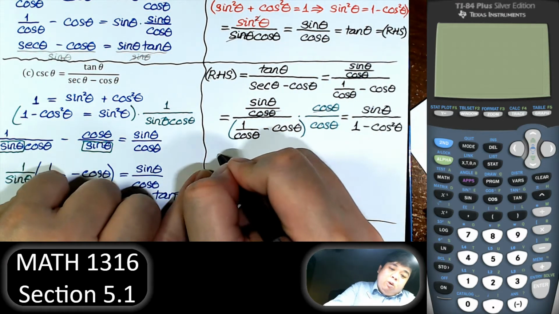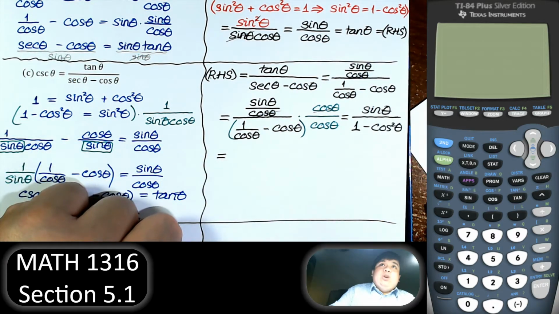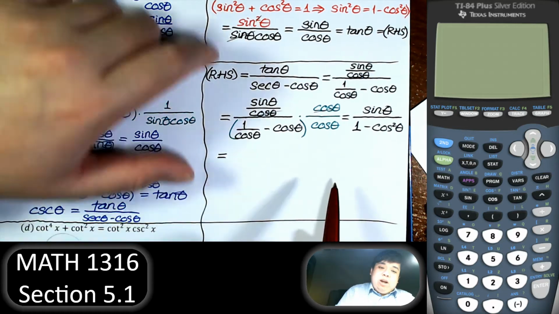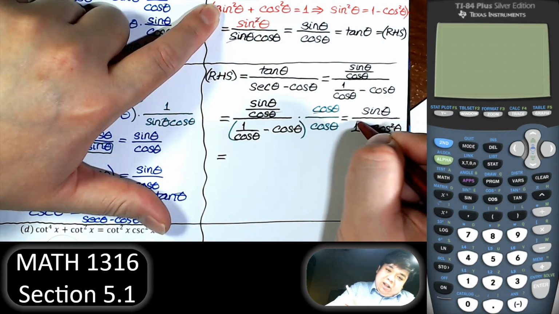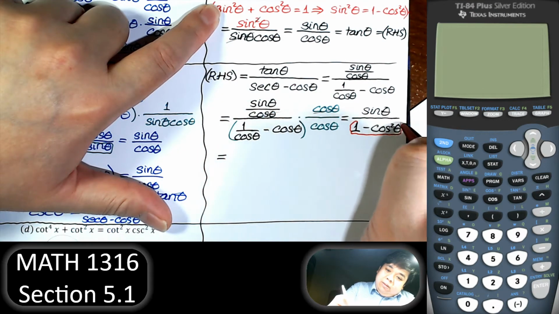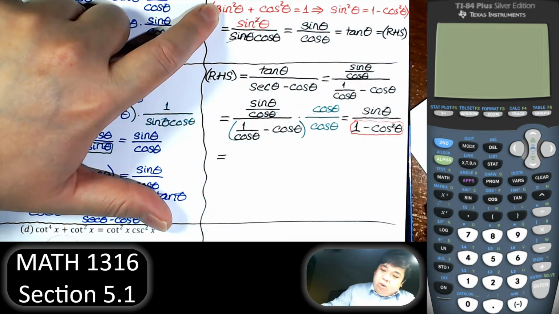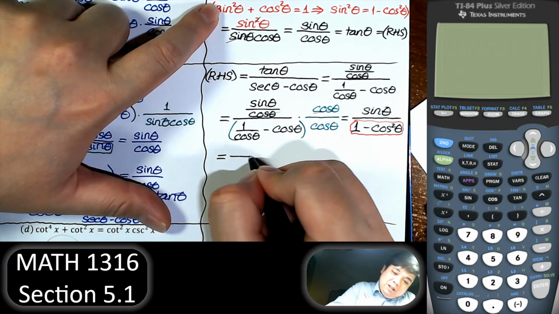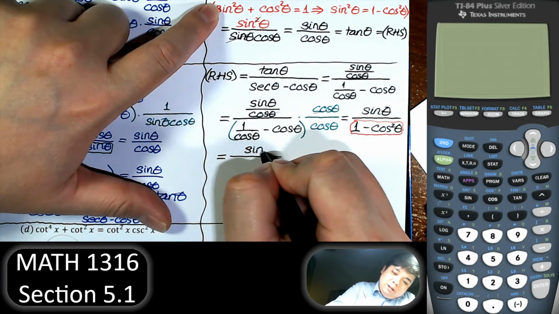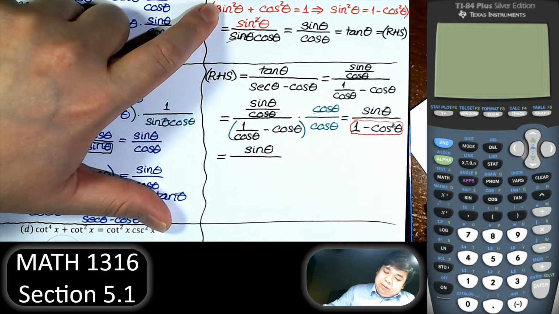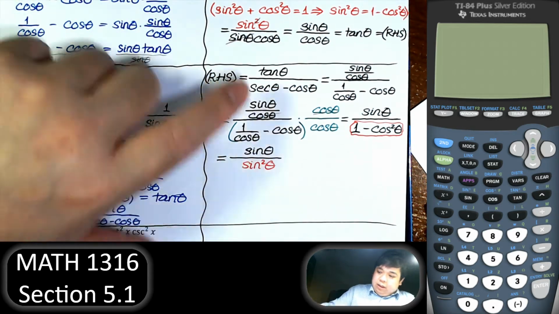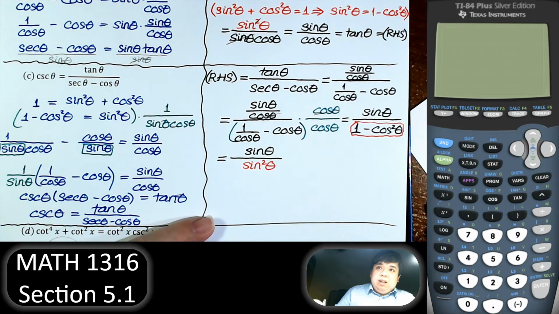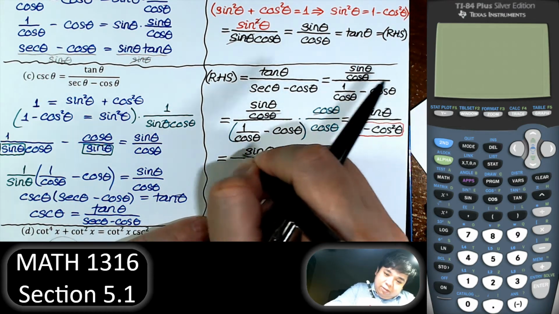As mentioned before, more often than not, when we have cosine square or sine square, that is the Pythagorean theorem. And this is exactly what we have earlier: 1 minus cosine square is equal to sine square. Now, sine square meaning sine times sine, so we can cancel one of them at the top.